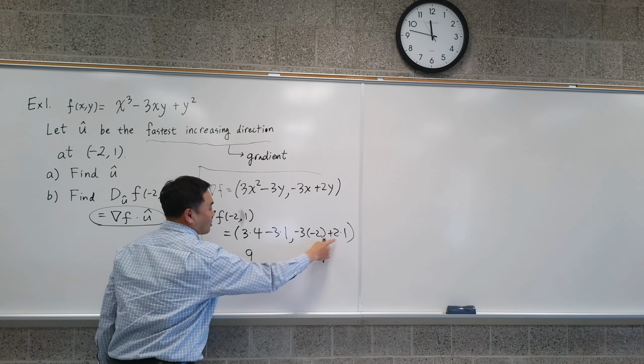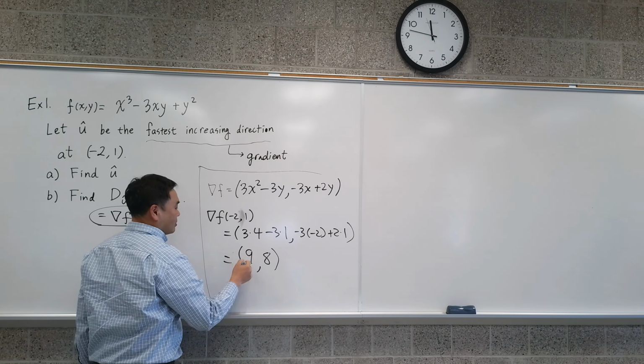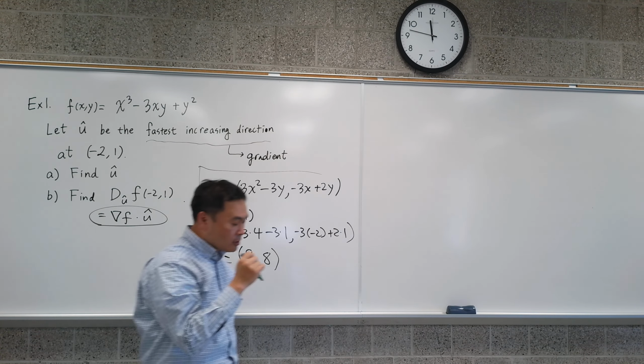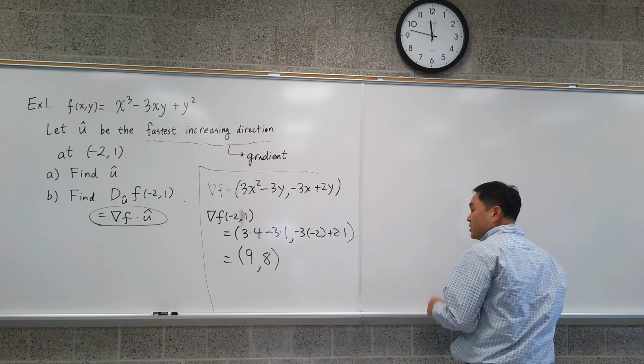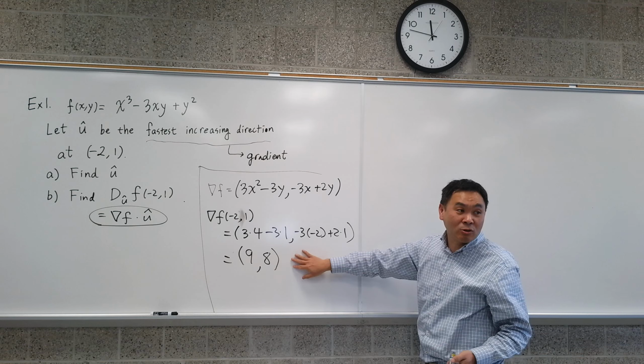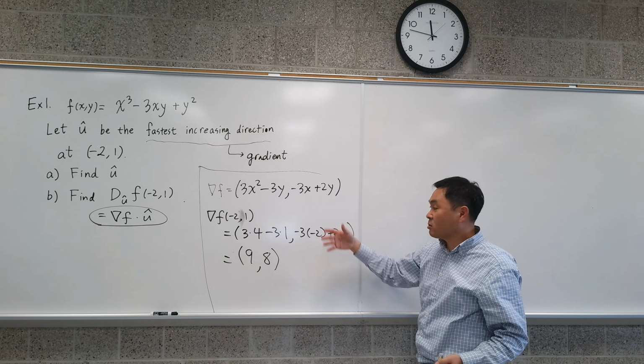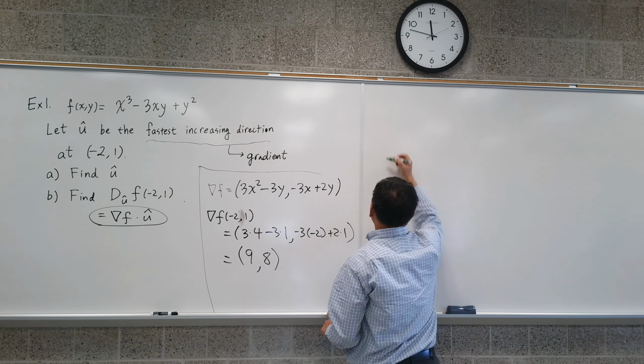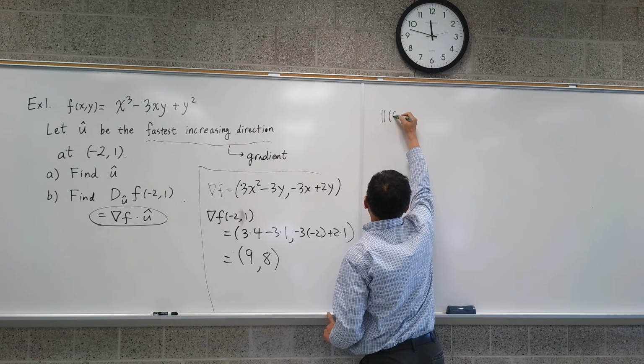Then -3 times -2 plus 2 times 1, positive 6 plus 2, that's 8. Okay, so the vector is (9, 8). Now, this is not yet the u hat. To get the u hat, you need to normalize this, which means now I have to find the norm of it.